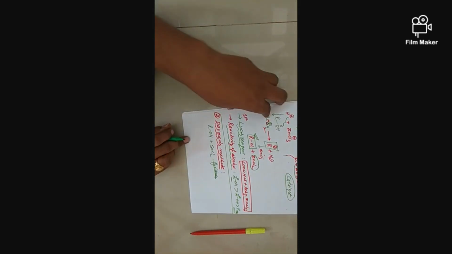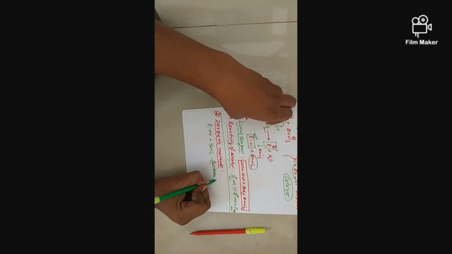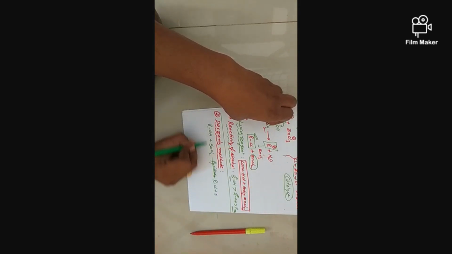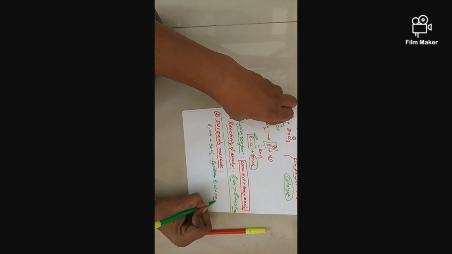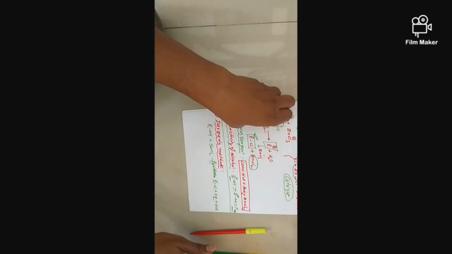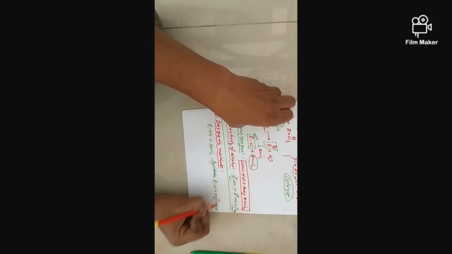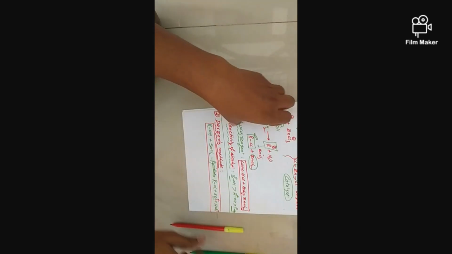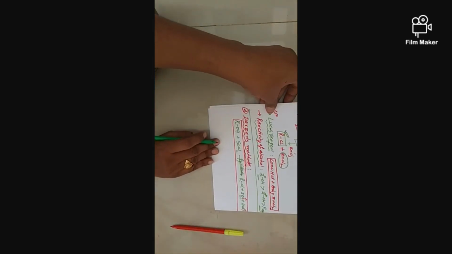Then we get R-Cl plus SO2 plus HCl. Here SO2 is a gas, and HCl is also a gas. This is the final reaction of D'Orgen's method.